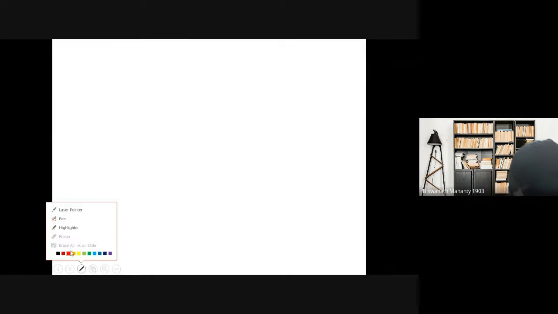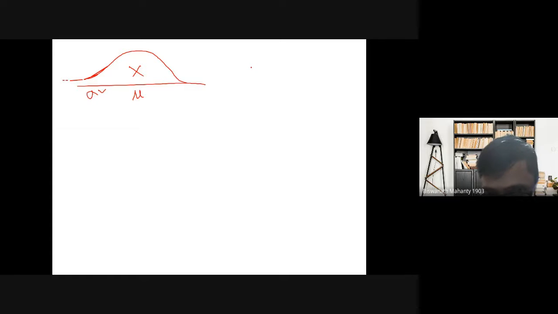I'm telling this is a normal distribution of x, any variable, whose mean is mu and variance is sigma square. For that, I can say x minus mu by sigma is a standard normal.